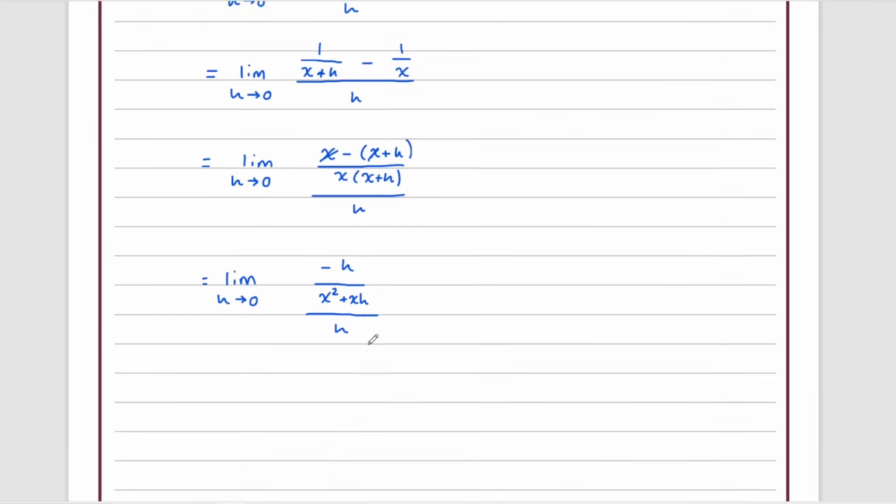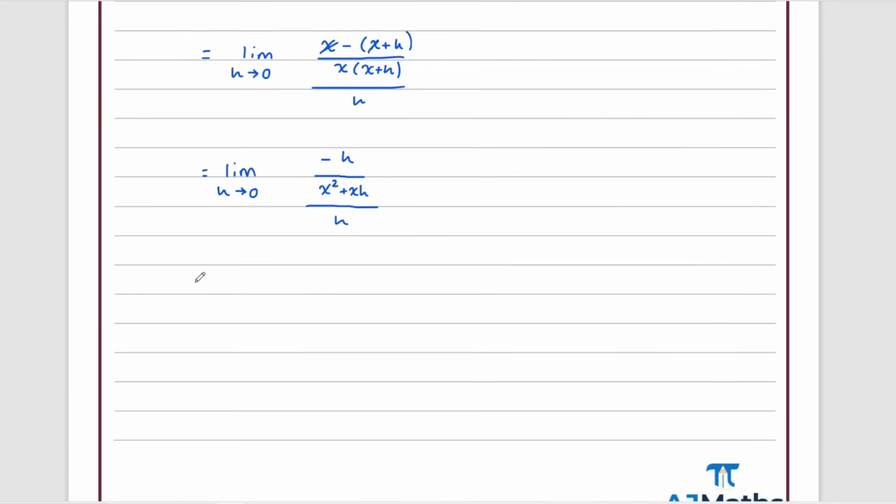So we've got the limit again as h tends to 0. Minus h over x squared plus xh, divided by h, that's the same as times by 1 over h. So write that out in full: minus h all over x squared plus xh times by 1 over h.